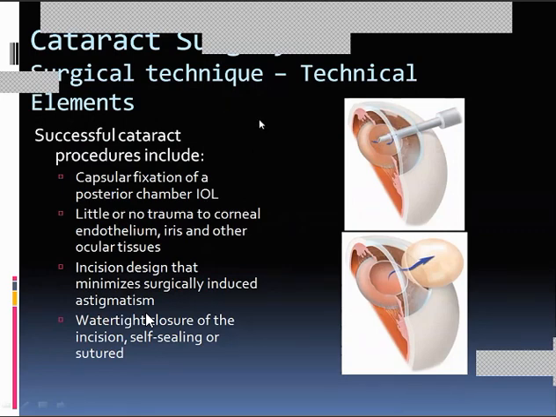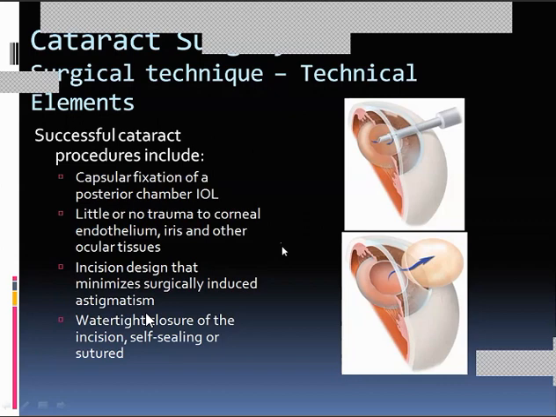In the cataract surgical technique, what is a successful procedure? First, we have to do capsular fixation of the posterior chamber IOL. What things do we have to consider while doing it? There should be no trauma to the corneal endothelium. It usually occurs in the older age groups, so what will happen?